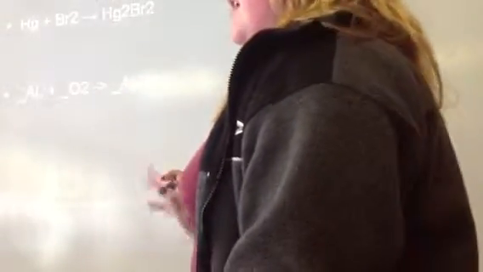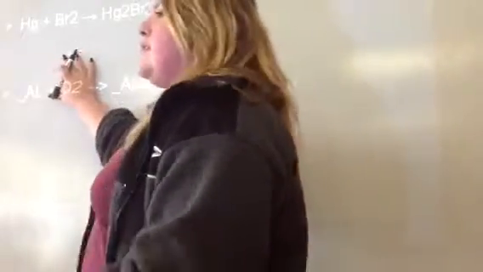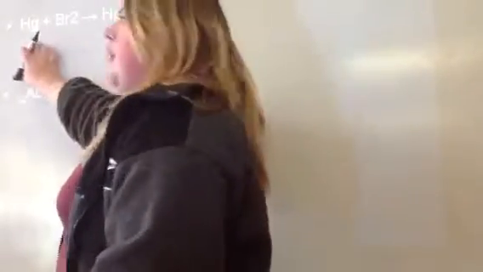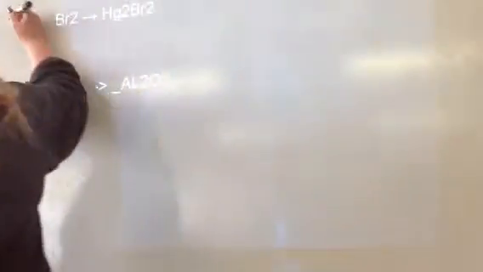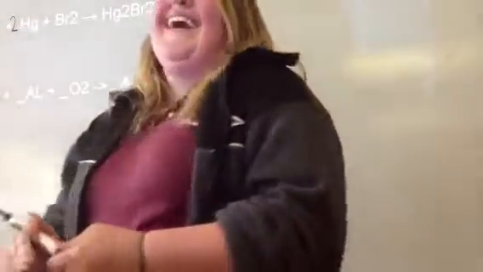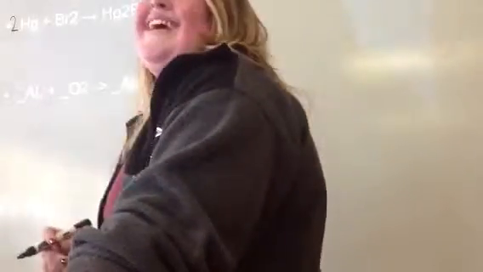The left side or the right side? Okay, and what part of the left side is unbalanced? How do you know? Right, so what number did you put in front of it? 2. Right! Good job. You get a gold star. Bragging rights!